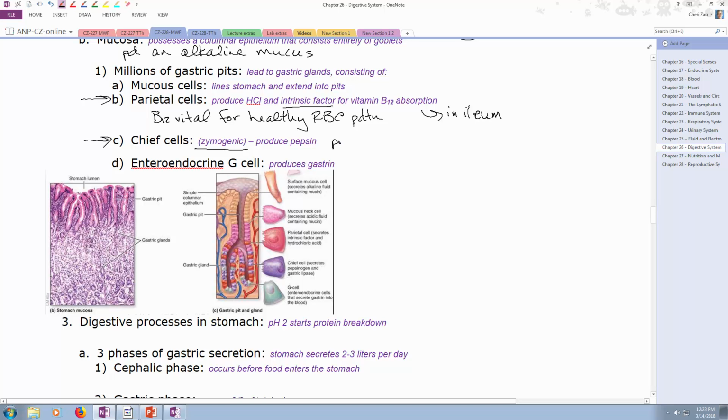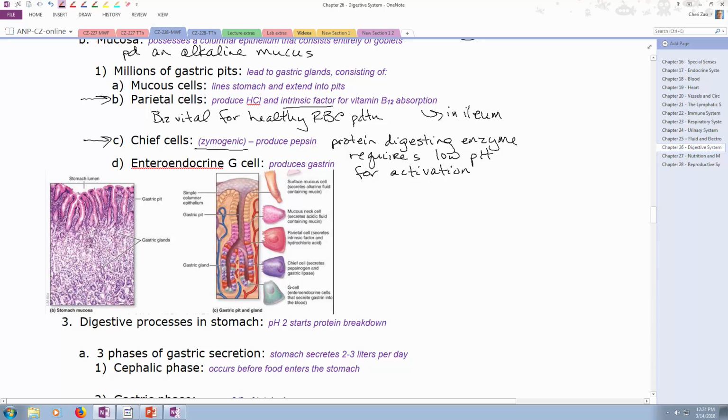Pepsin is a protein digesting enzyme, so it requires low pH for activation. And we are going to see this as we go through the digestive system: an enzyme will be produced in an inactive form, and then a pH change will cause its activation. This is a safe way to make these enzymes so that you don't auto-digest yourself. So that's one of the important things there.